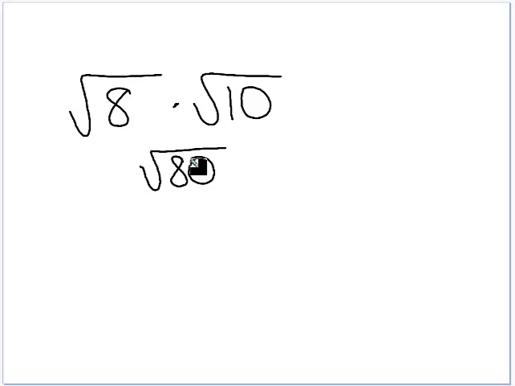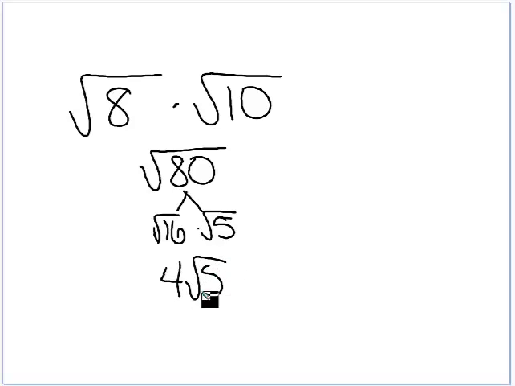What perfect square can go into 80? Break this into the square root of 16 times the square root of 5. Is 16 a perfect square? Yes, what is it? 4. Is 5 a perfect square? No. So it's just 4 square roots of 5 for my final answer.